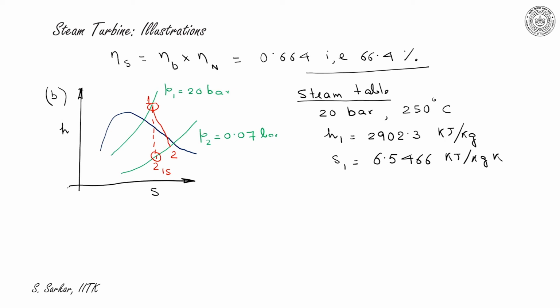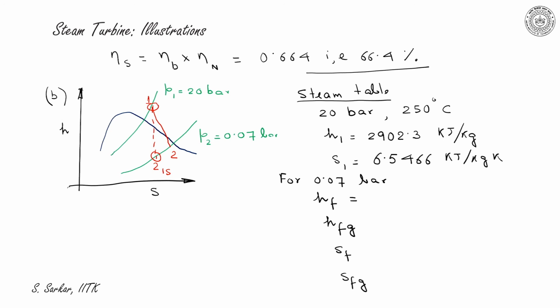So what I have done, I have gone to the saturation table, and corresponding to 0.07 bar, I have got HF, HFG, SF, and SFG.